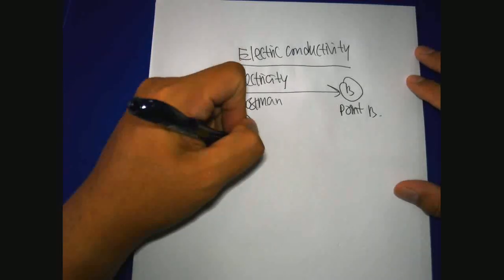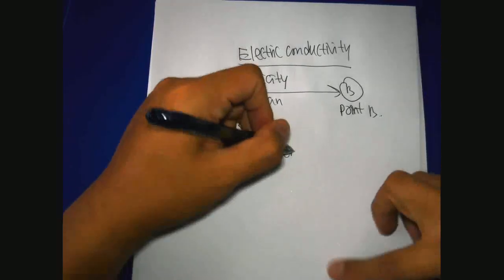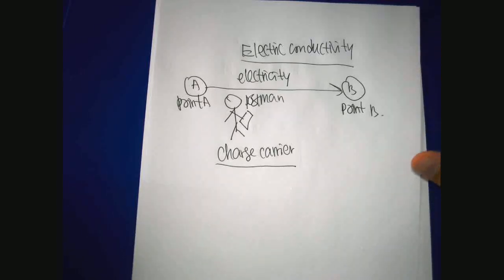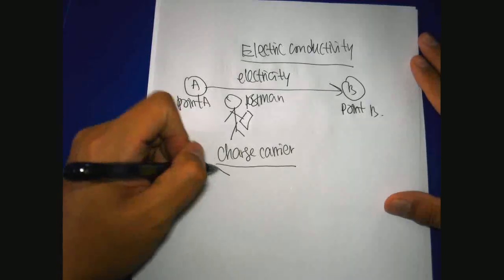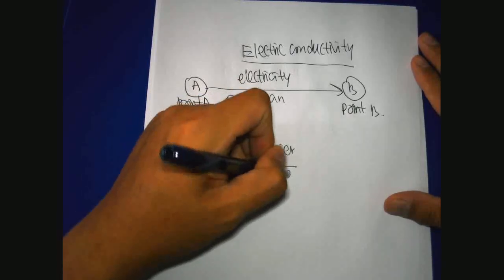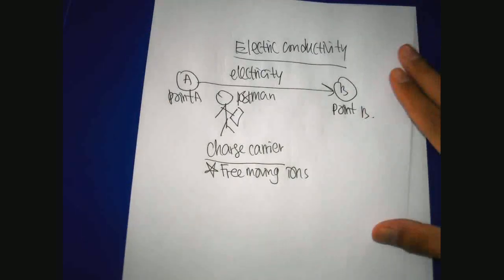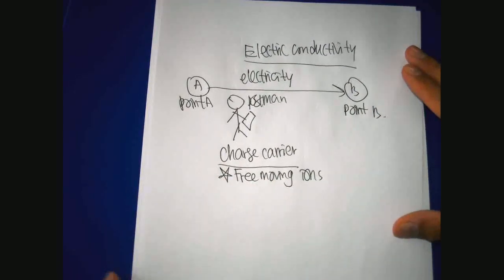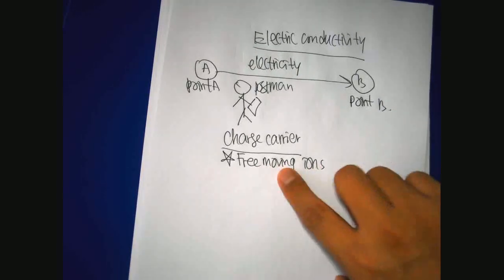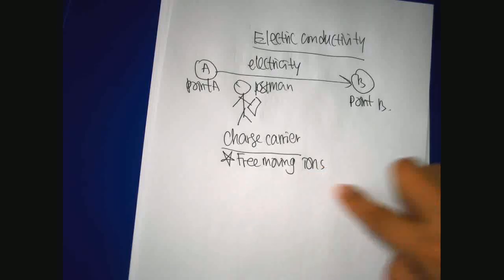For SPM, especially for these topics, the important charge carrier that you must know is free moving ions. This free moving ion is the postman, free to move and carry the electric for us.